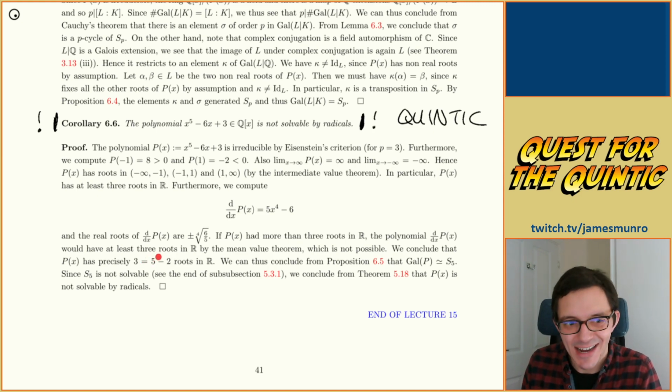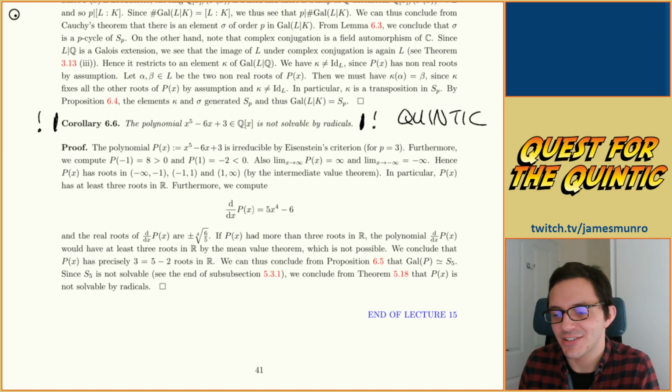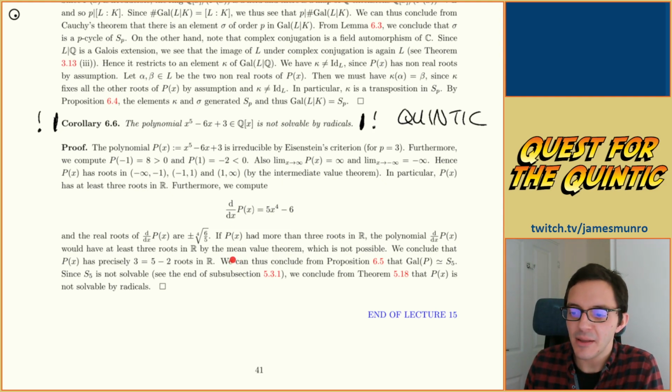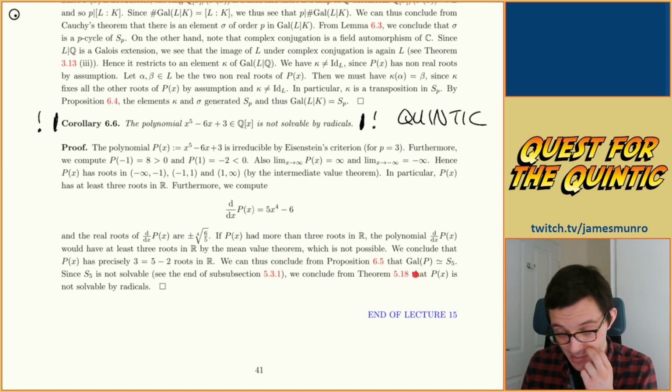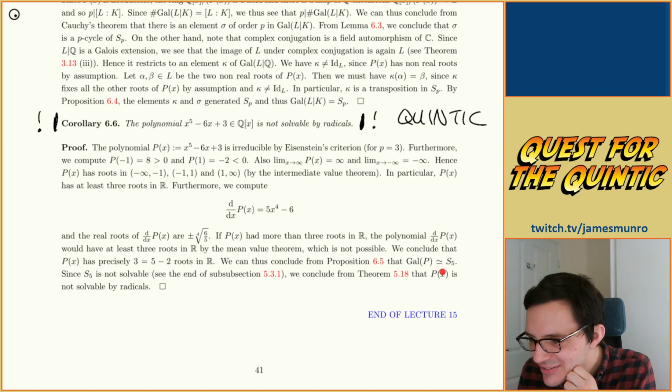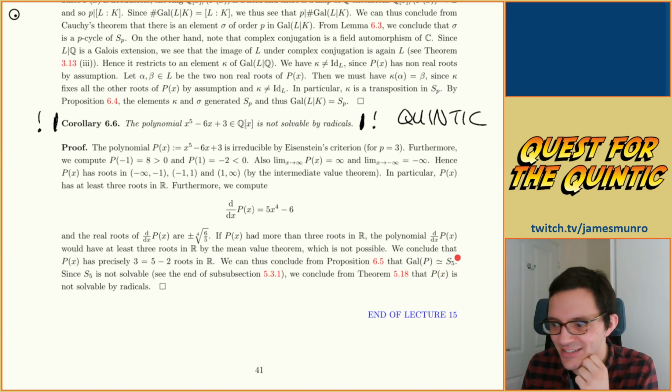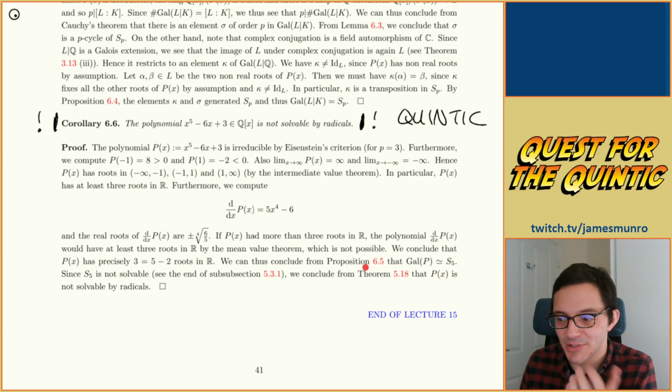And now here comes all the Galois theory, and the reason we just can't skip to the end. We can thus conclude from proposition 6.5, which is further up this page, that the Galois group of P, I think, is isomorphic to S5. So, goodness knows. Proposition 6.5 sounds pretty important.